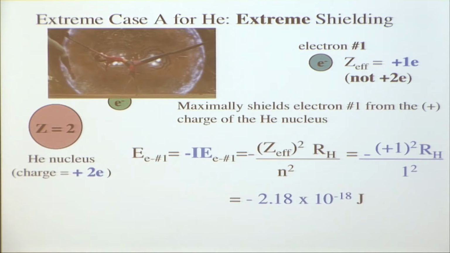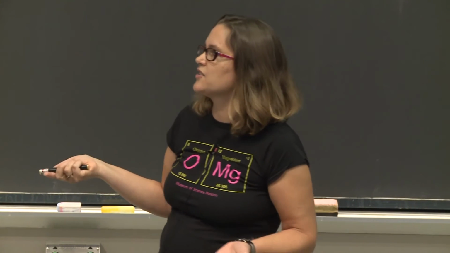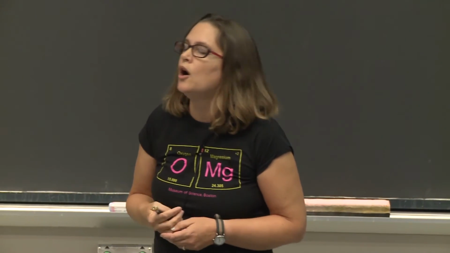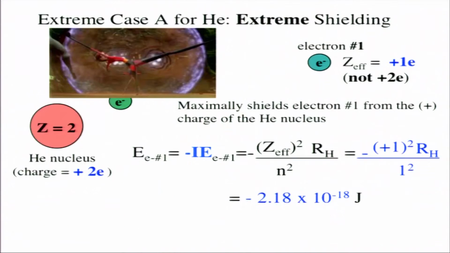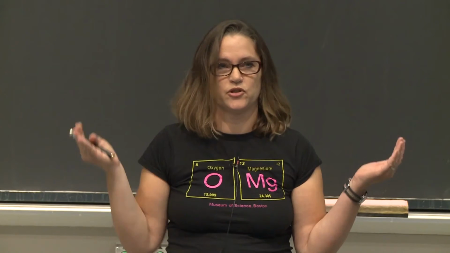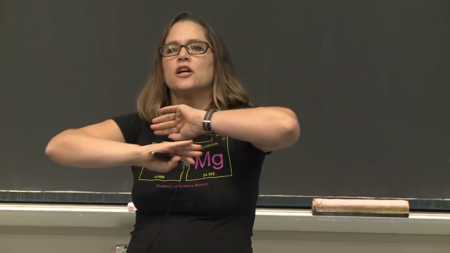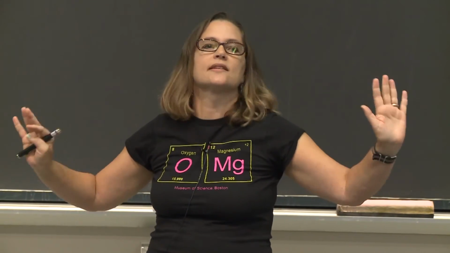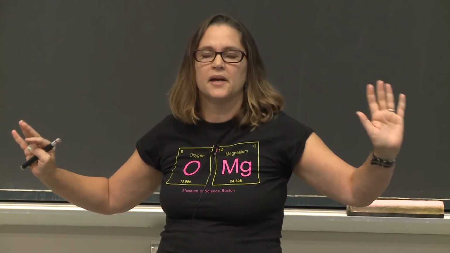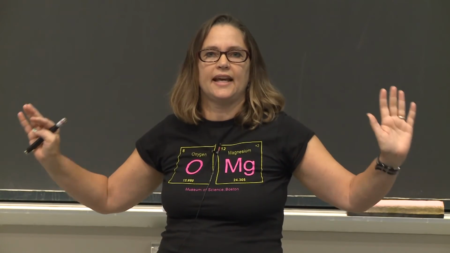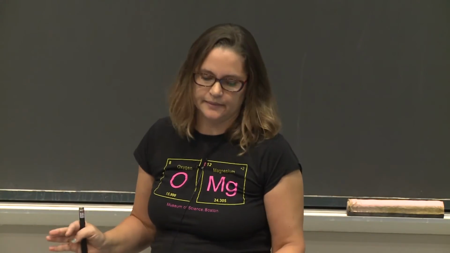And we calculate this value, which is, of course, just minus the Rydberg constant, minus 2.18 times 10 to the minus 18th joules. So this is just like it was a hydrogen atom, a one-electron system. So it had 2 electrons, but one of the electrons shielded so completely, it was like a one-electron system. Again, this is an exaggerated case of total shielding.